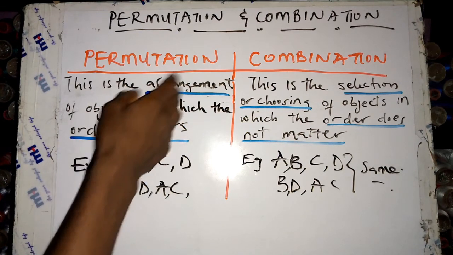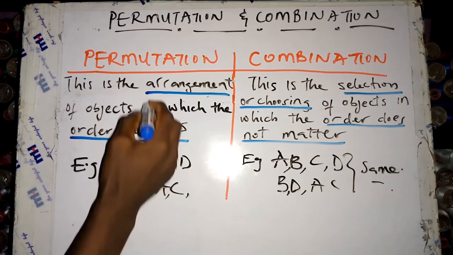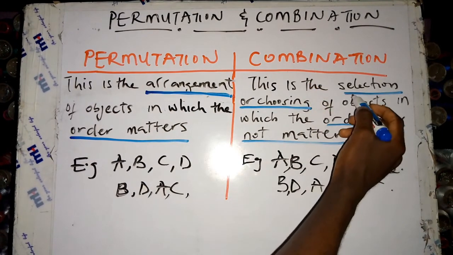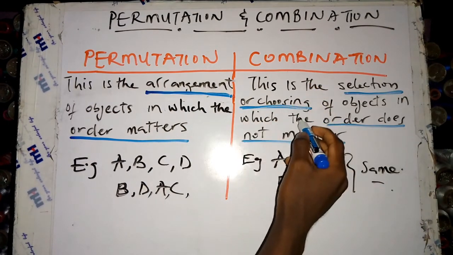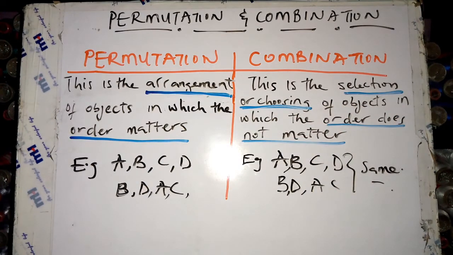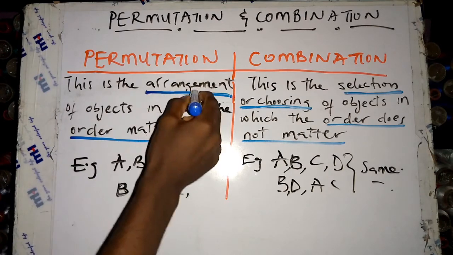Then permutation deals with arrangement. This is the key word here: arrangement. Meanwhile, combination deals with selection or choosing. They both mean the same thing, selection or choosing. So this is one of the things that will help you, when you see a question, to know if it is permutation or combination, because most questions under permutation use the word arrange or arrangement.